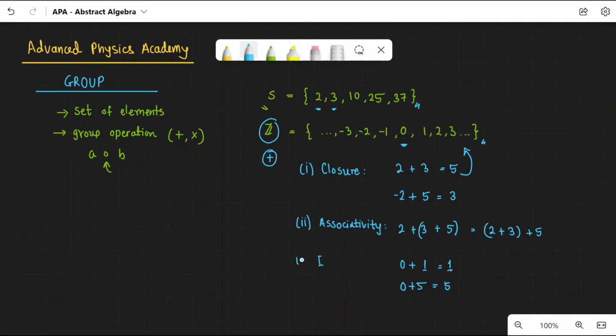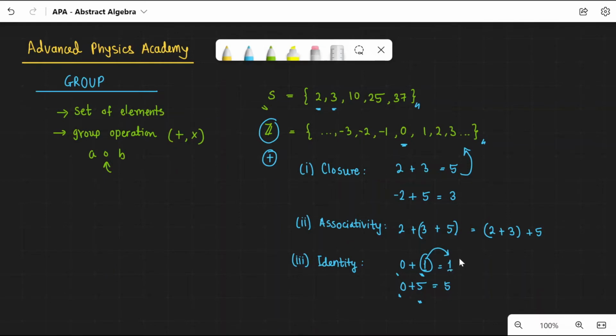So this is the third property, existence of identity, and it means having a group operation of any element in the set like 1 or 5 with this identity gives back the same element.